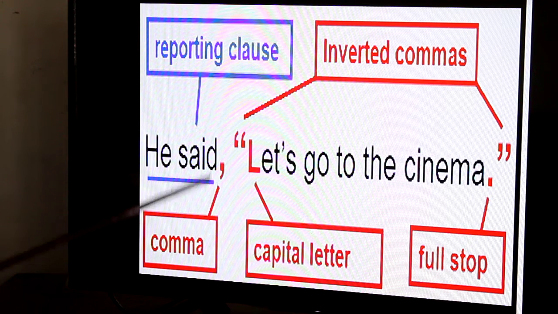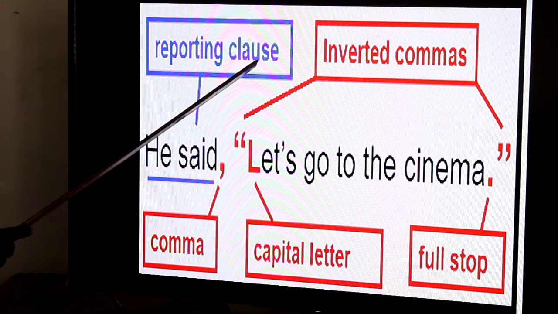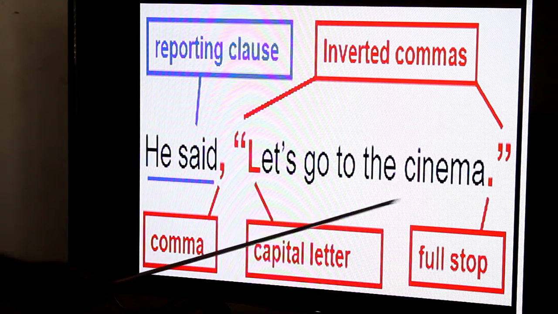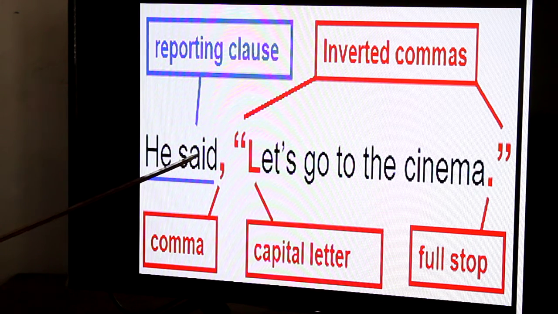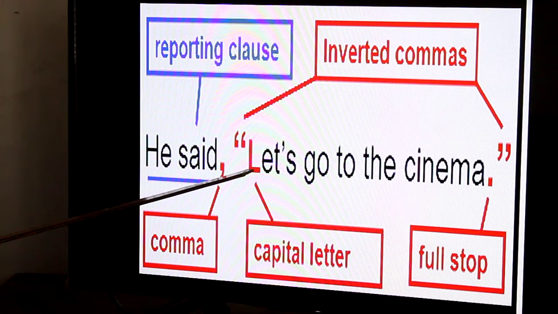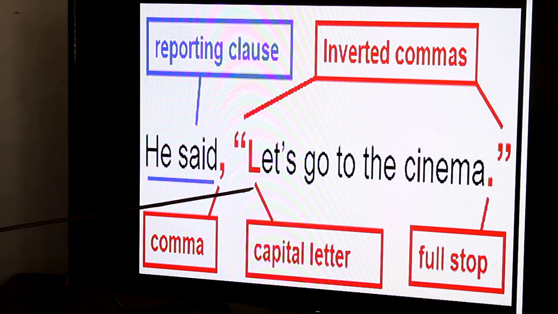Let me repeat. The reporting clause coming before the direct speech. He said, this is the reporting clause. Place a comma immediately after the reporting clause. Open the opening inverted commas. Start your sentence with a capital letter.